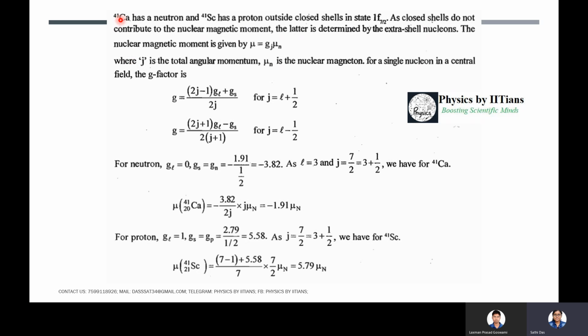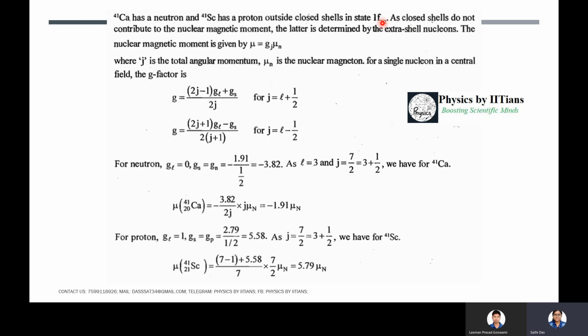First of all, calcium 41 has an extra neutron and scandium has a proton outside the closed shell. So what do we have to account for? We have to account for the extra nucleon outside the shell, using our shell model.